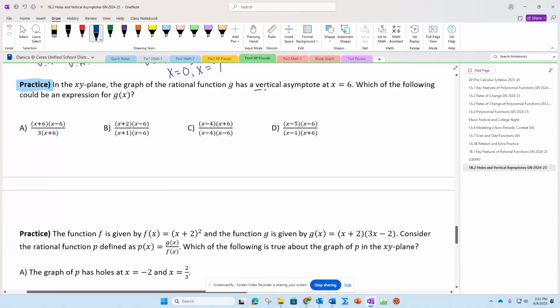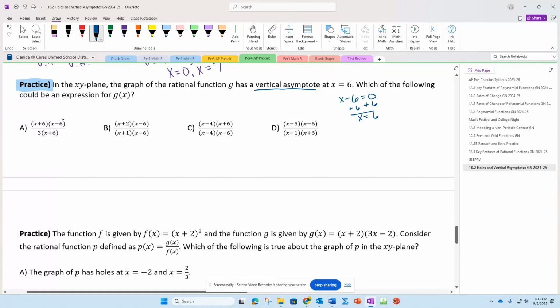Since this is a vertical asymptote, I need to know my factor, which would be x minus 6, because if I set x minus 6 equal to 0, that gives me x equals 6. So I'm looking for x minus 6 either as a unique factor in my denominator, or when my denominator's multiplicity is larger.